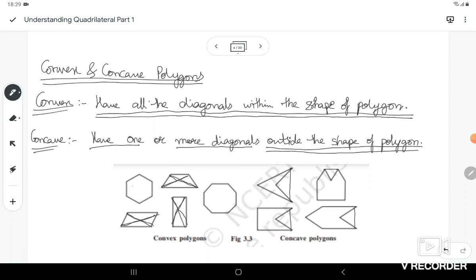Similarly with the hexagon, all the diagonals, and similarly with the octagon and further, all the diagonals are within the shape of a polygon. Now moving on to concave polygons, you can see that at least one of the diagonals is outside of the shape of the polygon. So it's a concave polygon. Now moving further.